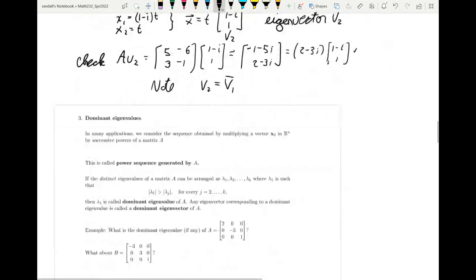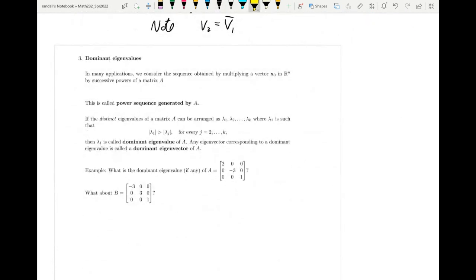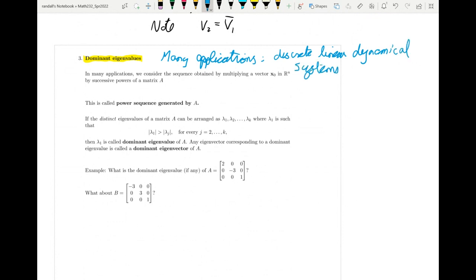Okay, so let's talk more about dominant eigenvalues. In many applications, the dominant eigenvalue is useful. For example, the discrete linear dynamical systems we studied in the computer assignment, and then a page ranking algorithm that you see on the internet.